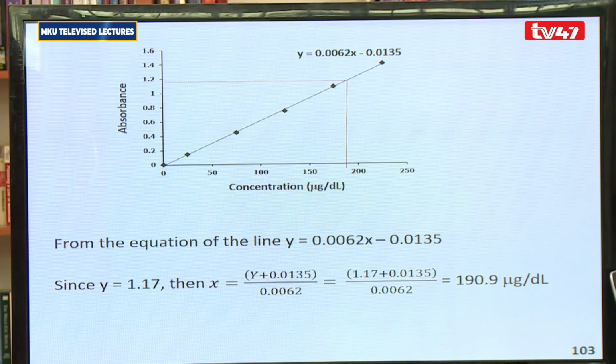But now, because we have the equation of the line, we can just use the computer-generated equation to solve for x. And because we know y to be 1.17, we can solve for x, and we determine the concentration to be 190.9. And that is now the concentration of iron in the patient's blood.